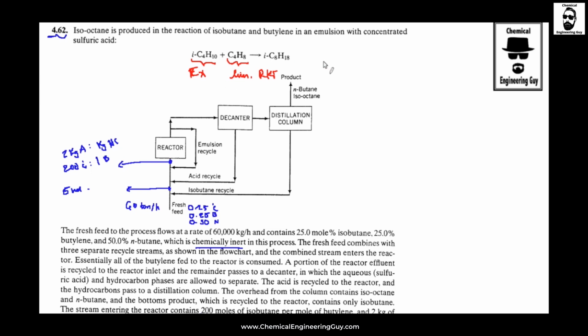If you wouldn't have a 100% conversion, maybe you would have a mixture here, or maybe you would have to send these streams to a distillation that takes out butylene and you recycle butylene and you will have your final product. But the good thing here is that we are converting all the butylene into octane.